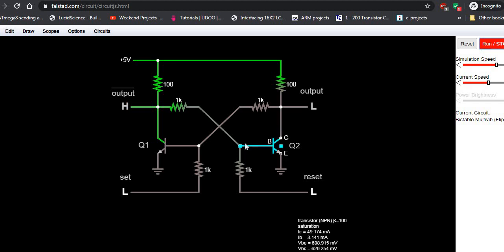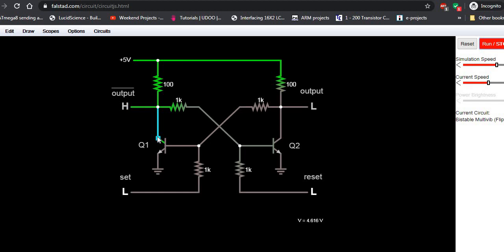In a similar fashion, let us have a look at the base voltage. Base voltage is 0.7 volts. So we can easily conclude transistor Q2 is in saturation mode. Similarly, if you look at the base voltage of Q1, it is 38 millivolts, which is much less than 0.67. That's why transistor Q1 is in cutoff state, right? Accordingly, output of transistor Q1 is high, which is approximately VCC.